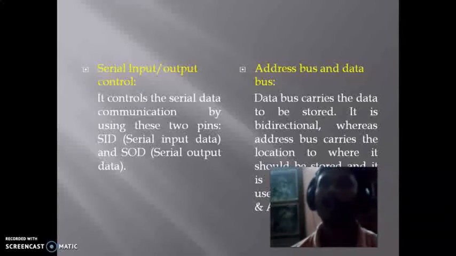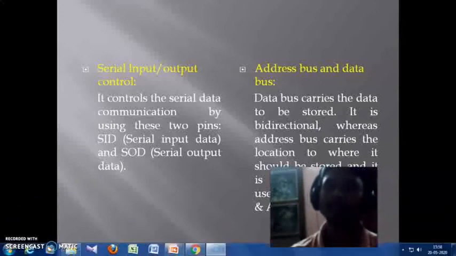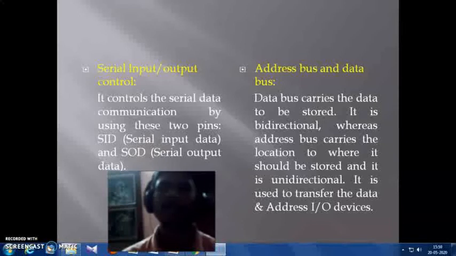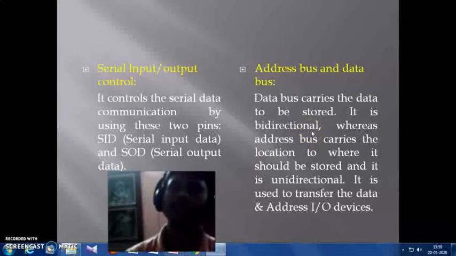Next is the address and data bus. I already discussed the address and data bus. The 8085 microprocessor has 16 bits of address lines. These 16 bits of address lines are divided into 2 parts. One is the higher order address and the next one is the lower order address, which is multiplexed with the data bus.